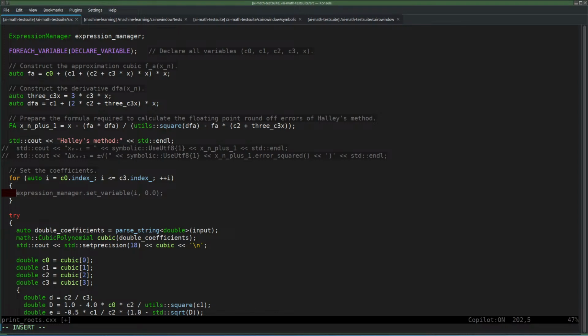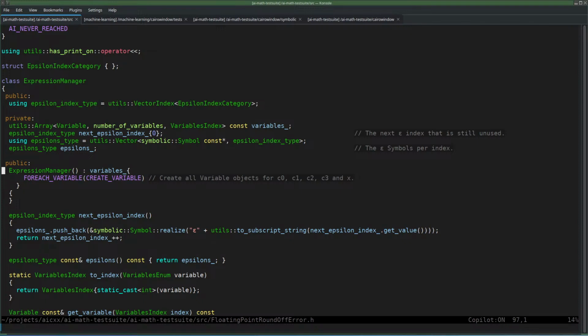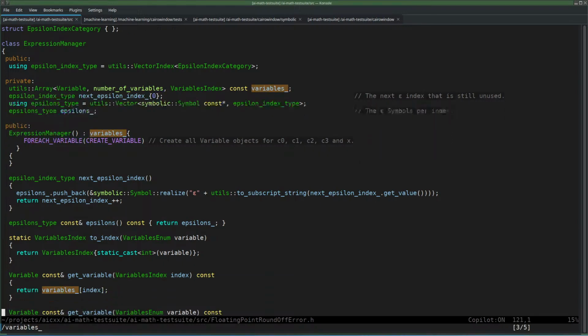Set variable. I don't think we have a set variable, or do I? No, we don't. These are my variables, and the only thing I have is get variable.